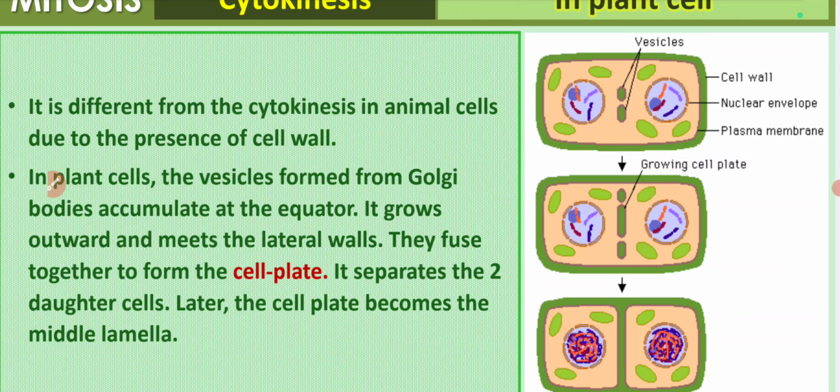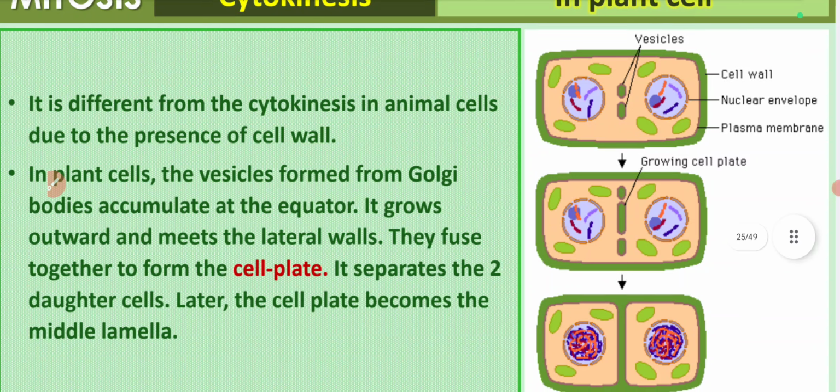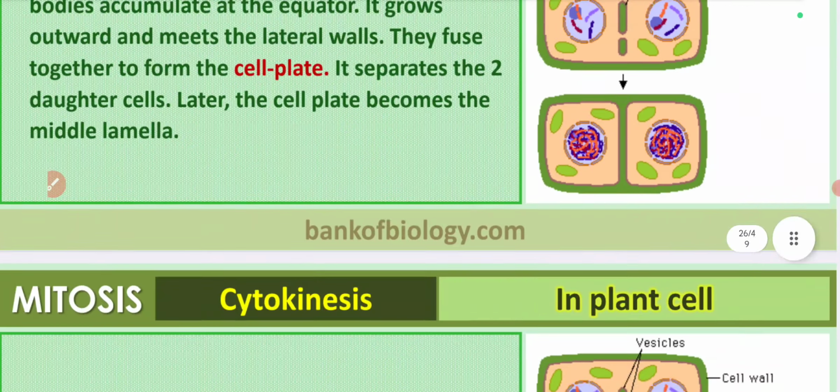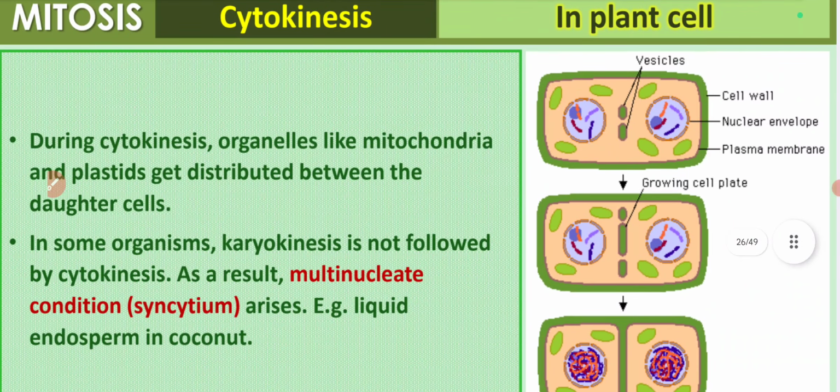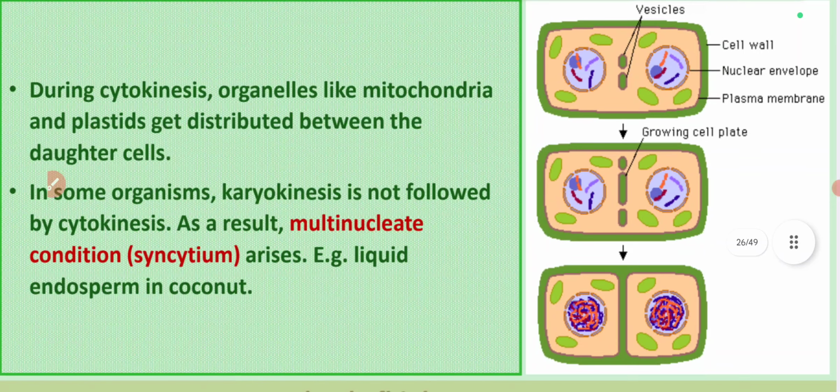The example of this is the liquid endosperm in coconut. Remember the term syncytium. During cytokinesis, organelles like mitochondria and plastids get distributed between the daughter cells.